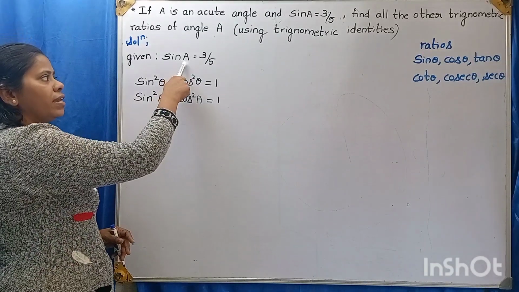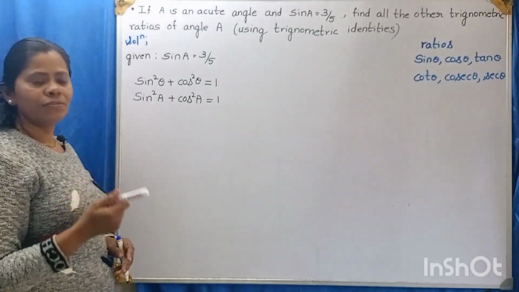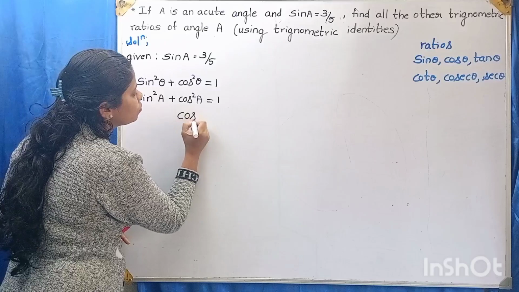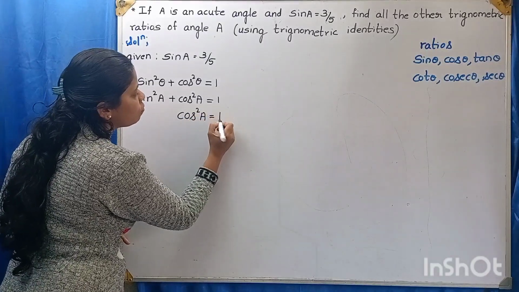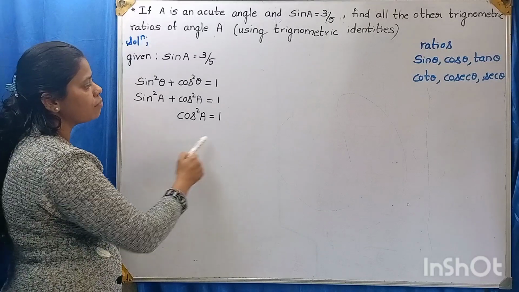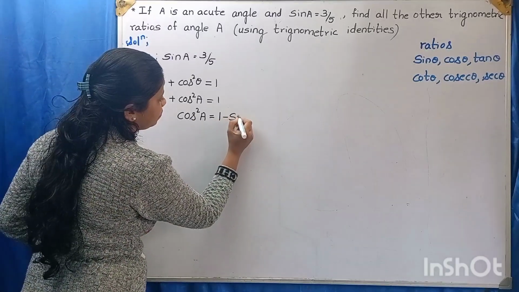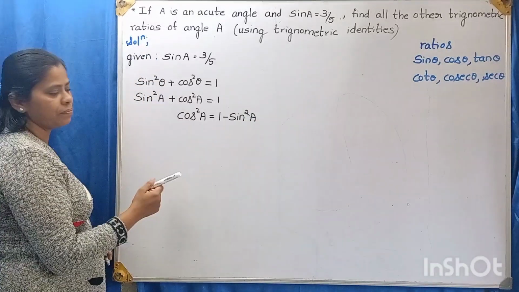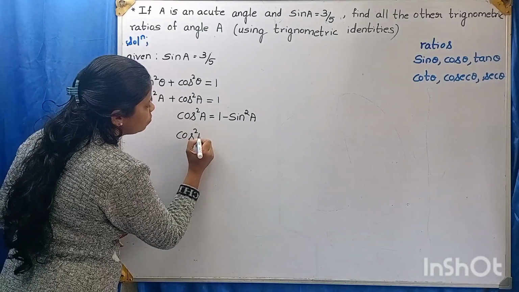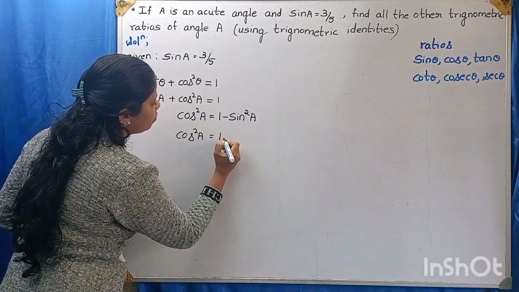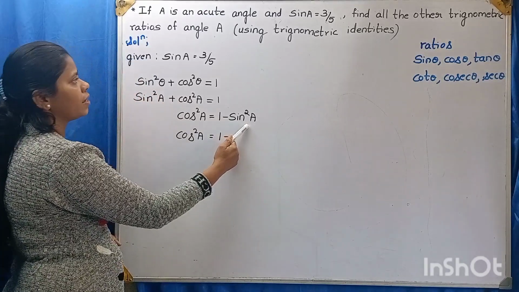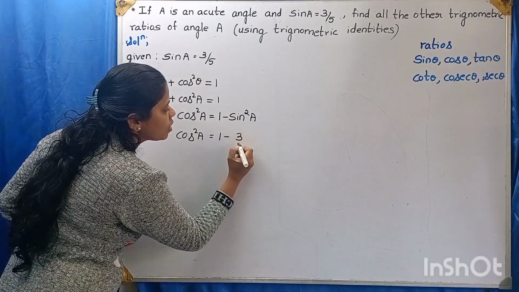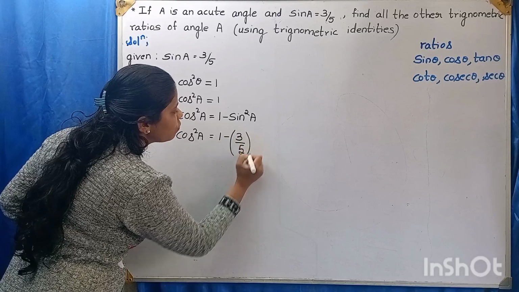We know the value of sin A. So, we can find out the value of cos A by using this formula. That is cos square A is equal to 1 minus sin square A, because when this comes to the other side, it becomes minus sin square A. We know the value of sin A, so sin square A becomes 3 by 5 the whole square.